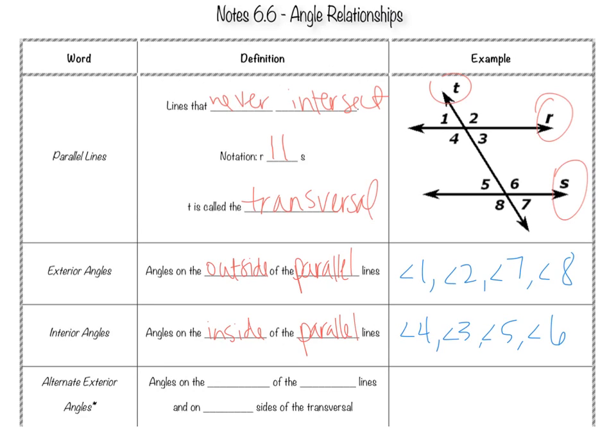Alternate exterior angles are angles on the outside of the parallel lines and on the opposite sides of the transversal. So examples of those would be angle 1 is congruent, sorry, I did that wrong, congruent to angle 7, and angle 2 is congruent to angle 8.